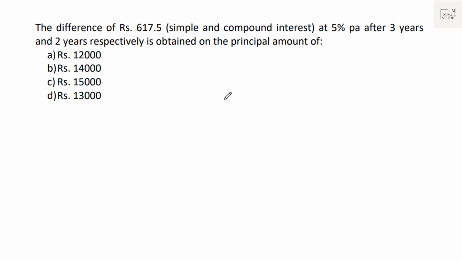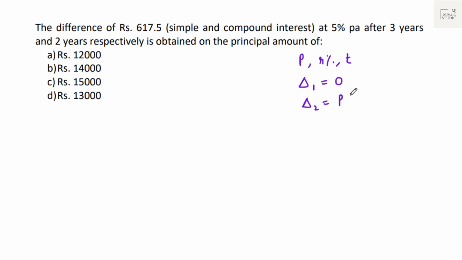Let's solve a few questions on the difference between SI and CI. Suppose principal P is invested at the rate of R% per annum for the same time T, once at R% SI and once again at R% CI. The question is, what will be the difference in the earning? If they are invested for 1 year, the difference between CI and SI is nothing, that is 0.